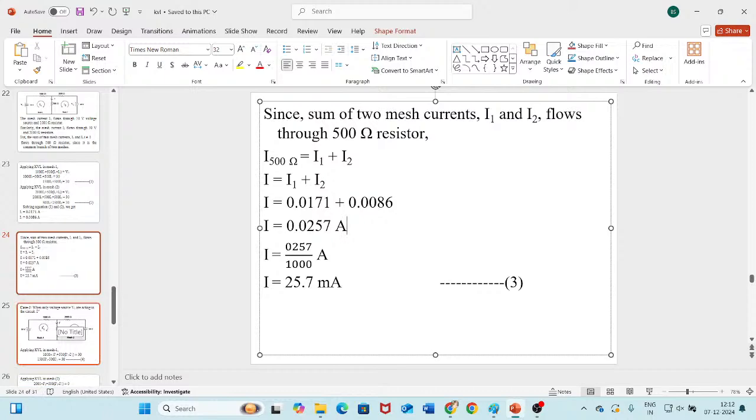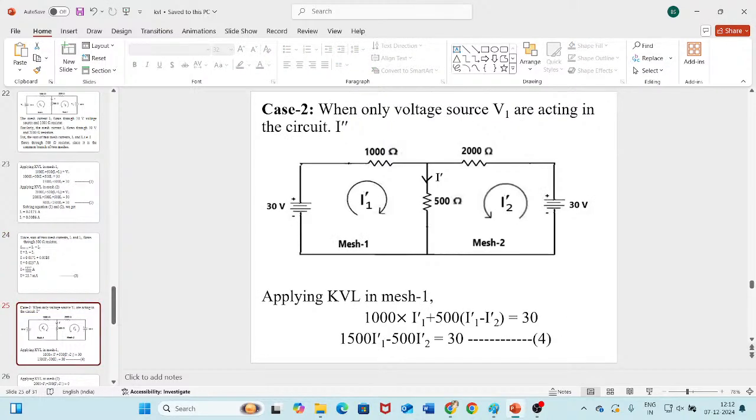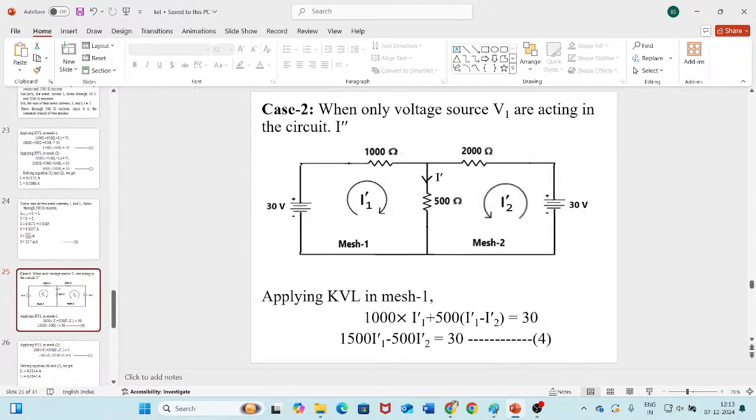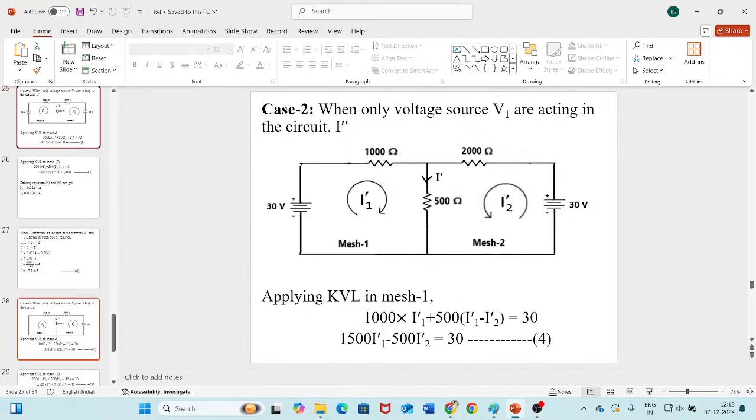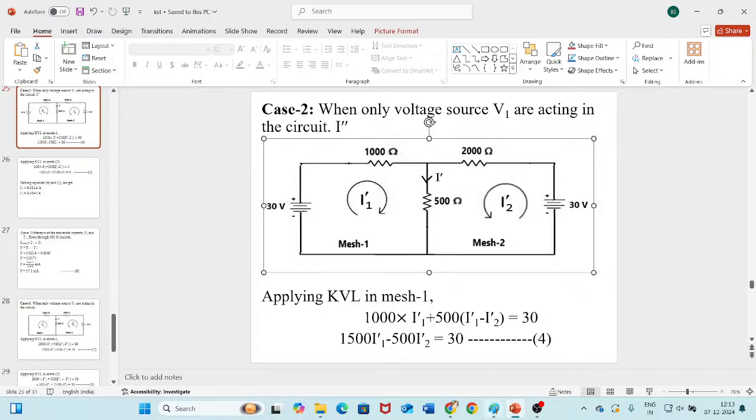Now let us go to case 2. So in case 2, only source voltage V1 is acting in the given circuit. I didn't short circuit this. Okay, I will do it now.